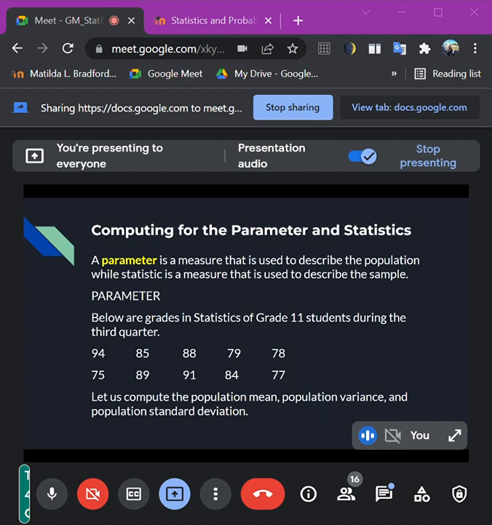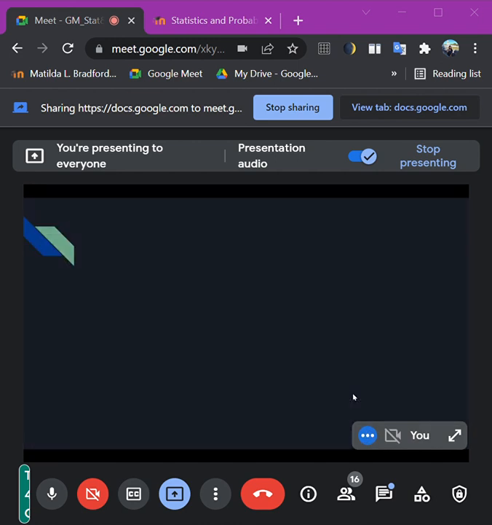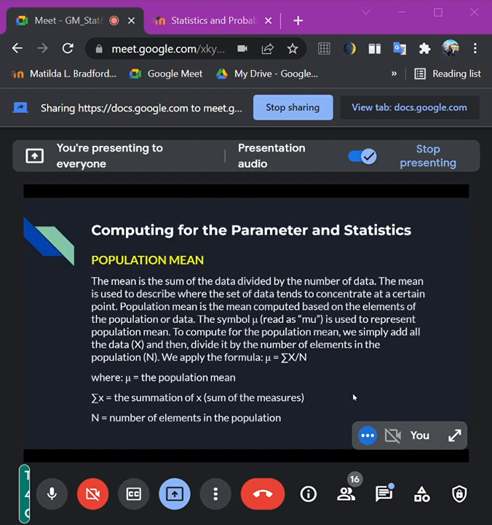So we are going to get the parameter by computing the population mean, population variance, and population standard deviation. Let's start with the population mean. The mean is the sum of the data divided by the number of data.